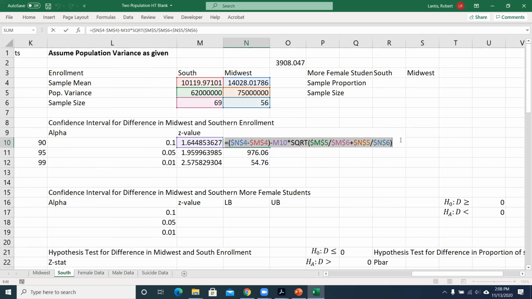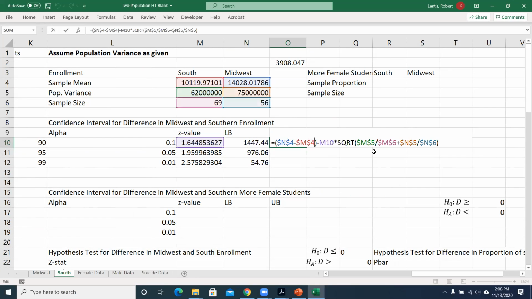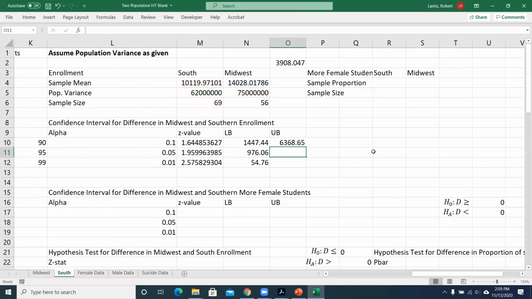I just highlight this, hit Control C, or I believe it's Command C on a Mac, Control V, should get the exact same value. The only difference in our upper bound is the exact same equation, but we add that margin of error instead of subtracting it. Right? So just change that negative to a positive sign, and now we can copy this down, and we've got our lower and upper bounds.